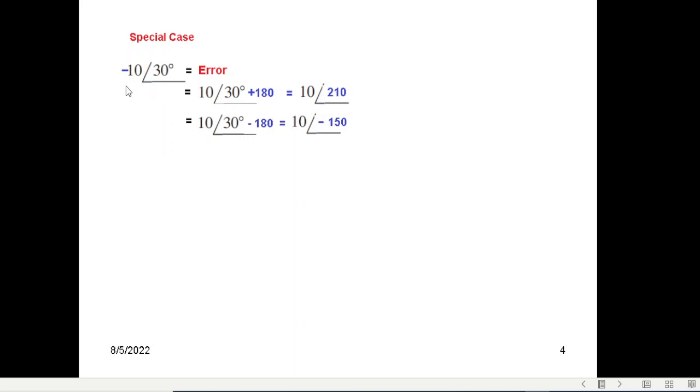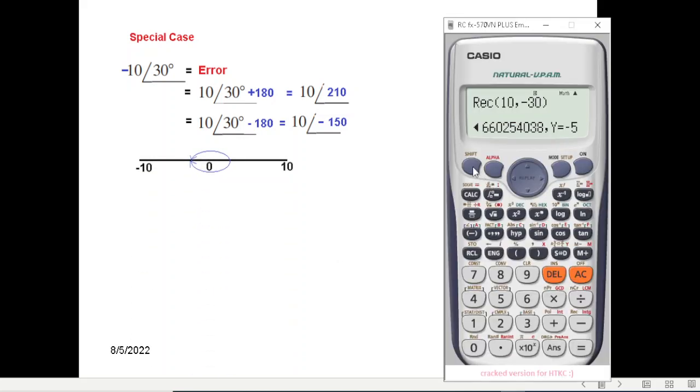If the value is given like this, with a negative sign, negative 10 angle 30, and you try to convert it into rectangular form, you will get an error. So let's see. Shift, rectangular, minus 10, shift comma, 30, bracket.